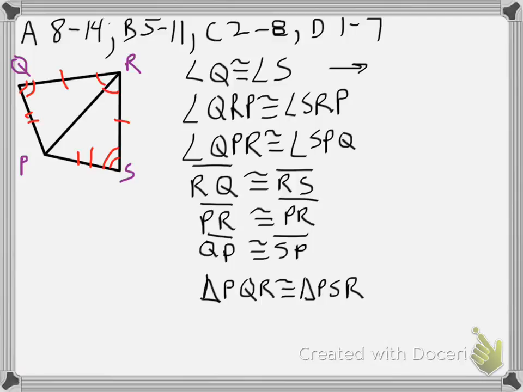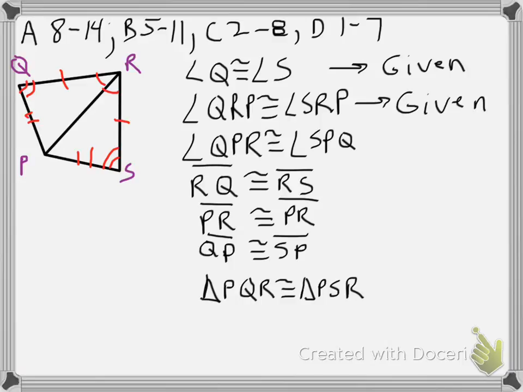They just happened to tell us, so that would be given. Okay, and then they said angle QRP, Q to R to P, is the same as S to R to P. Again, they gave us that information, so I'm going to put given for that one as well.